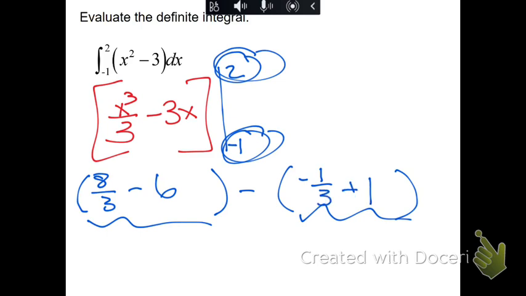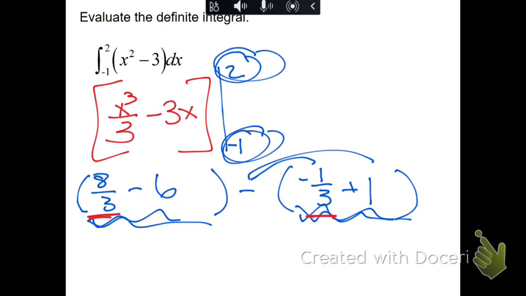Now you just have to simplify that. Now, FYI, when you have fractions involved, it's often easier to not do this first and then subtract because of those fractions. I could change this 6 to 18/3 if I wanted to. But if you want to be able to do it a little bit more in your head, it's actually easier to distribute this negative and do the thirds first. I'm going to do this guy and this guy.